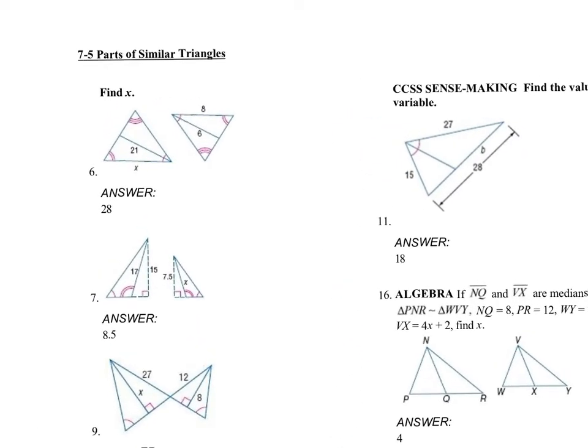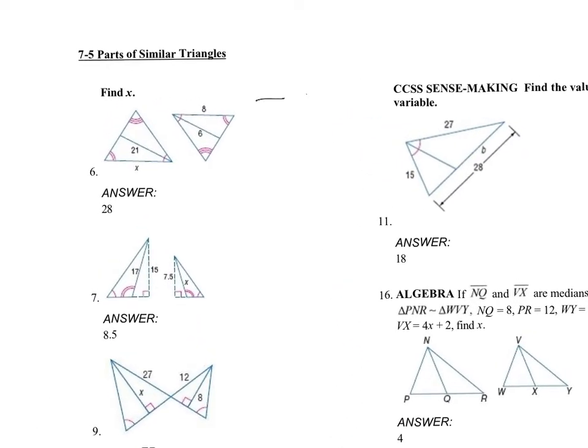Make this a little bit bigger. And so when I look at the x here, what I mean by setting up correctly is that this side that is x goes between the angles that have 2 markings and 1 marking, so over here that is going to be proportional to 8.